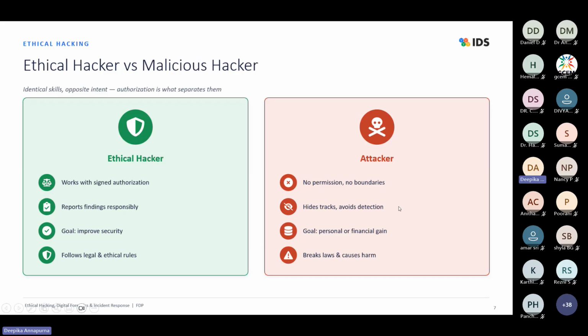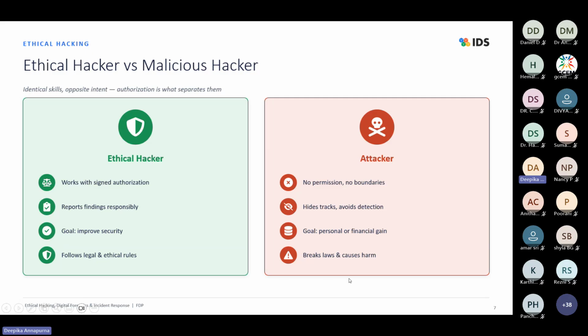The attacker will hide the tracks and avoid detection. Okay. What is the goal of the ethical hacker? He will try to improve the security posture of the organization or the application. What is the attacker's goal? He wants financial gain, personal gain, or data theft. He will gain access to the confidential data. The ethical hacker will follow rules legally and ethically.